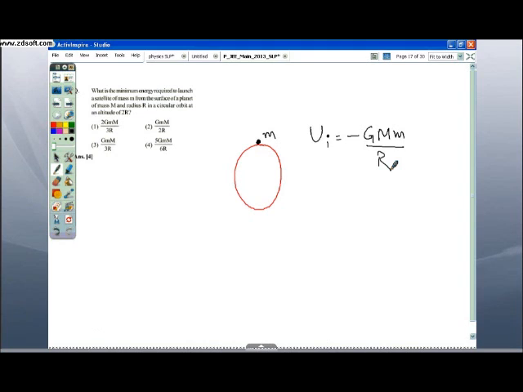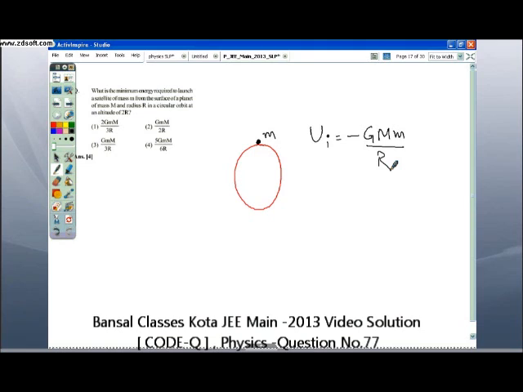Now we want to launch this in a circular orbit at an altitude of 2r. So at an altitude of 2r, its height is 2r, so radius is 2r plus r, that is 3r. Now in this case, this particle will be having both potential as well as kinetic energy.